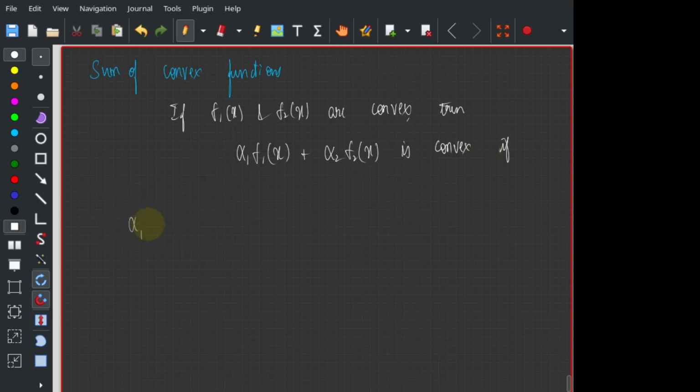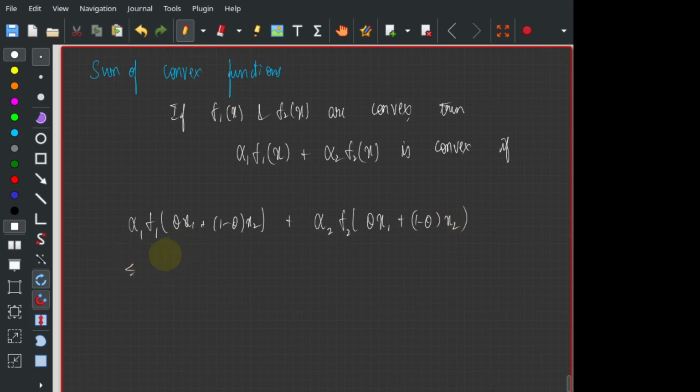So we have alpha 1 f1 of theta x1 plus 1 minus theta x2, plus alpha 2 f2 of theta x1 plus 1 minus theta x2, right?